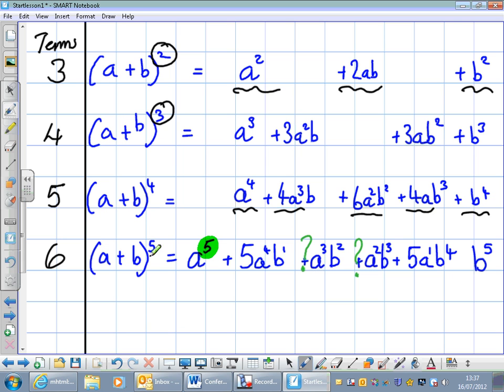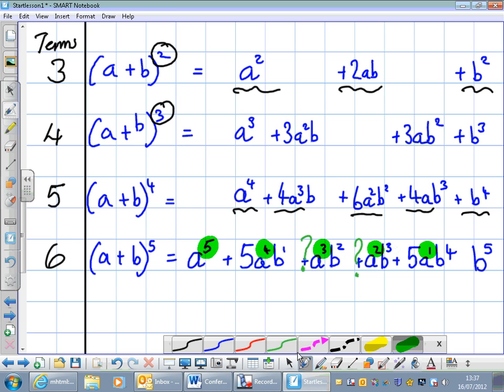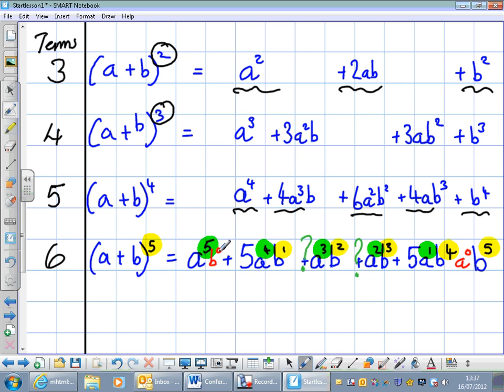The power of A is the same as the power of the bracket you're expanding, and then it goes down by 1 each time, so that you end up with it not appearing. In other words, it's hidden as A to the power 0, which is 1. And similarly, from the right, your powers of the second term are the same as the power you're raising it to, and they go down from the right, and you've got that hidden B to the power 0.